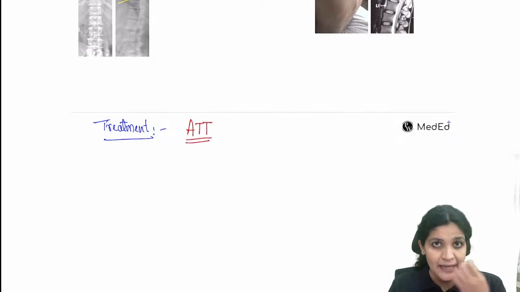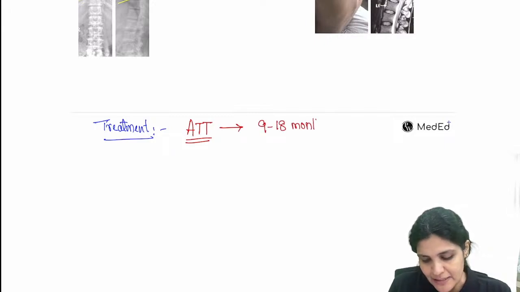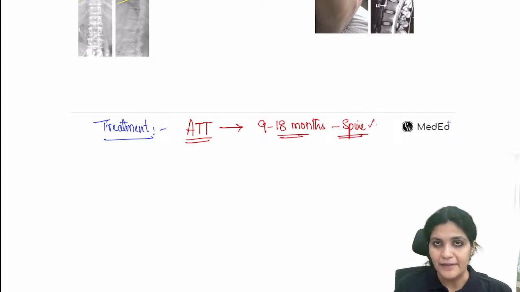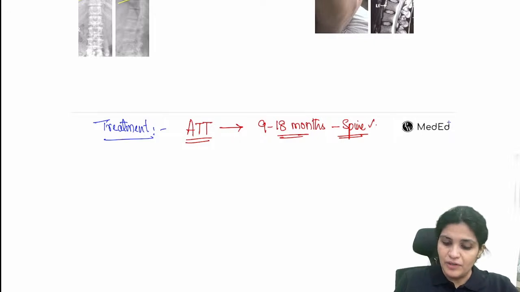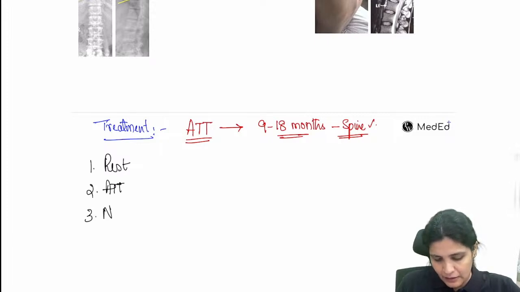But this usually we have to go for 9 to 18 months, and not to forget, your ATT always starts first with rest, then you go for ATT, then good nutrition always, right? Then stenting.